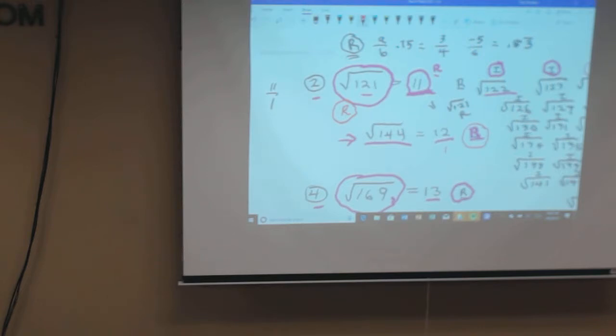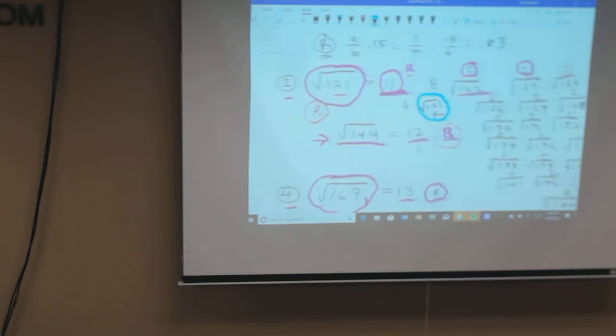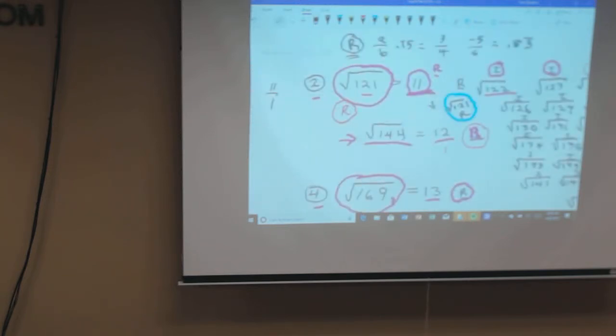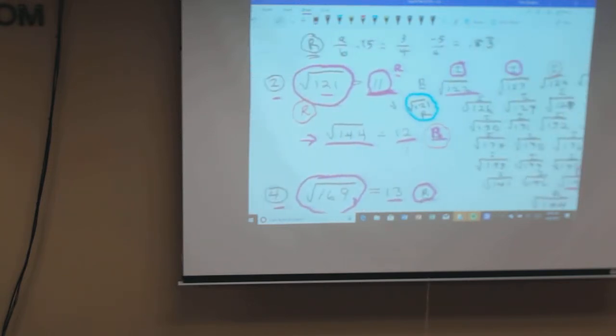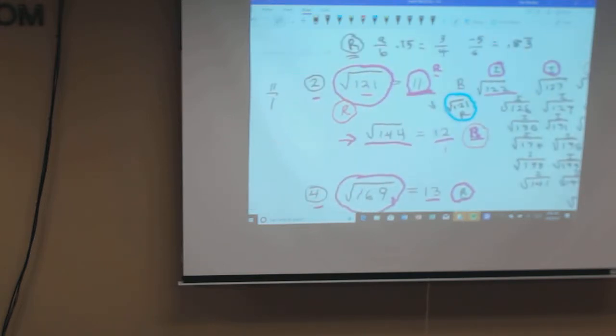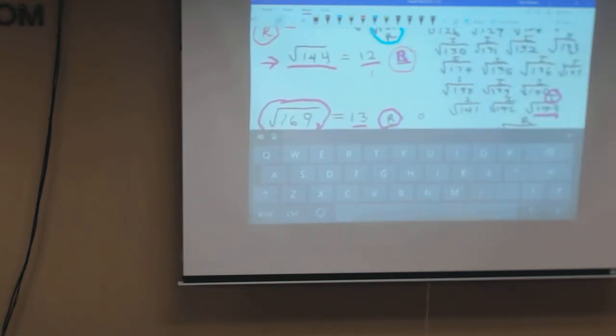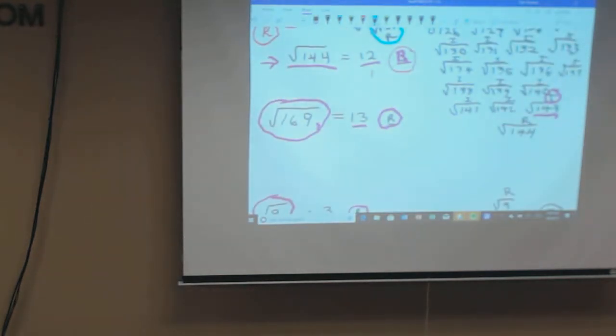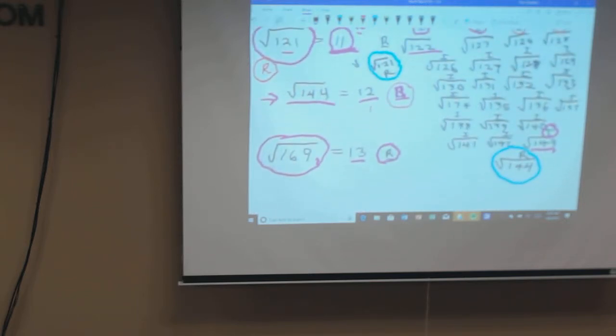Okay? Let me change that to blue. I've got too much red going on here. And the square root of 144 is also a rational number. And notice, that's 11 and 12.